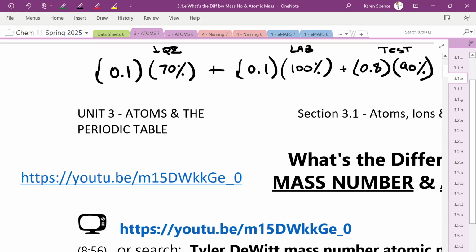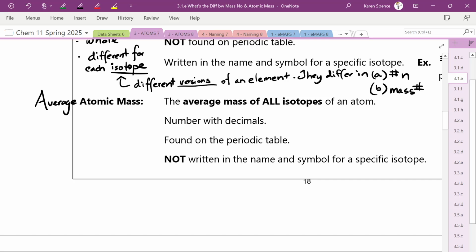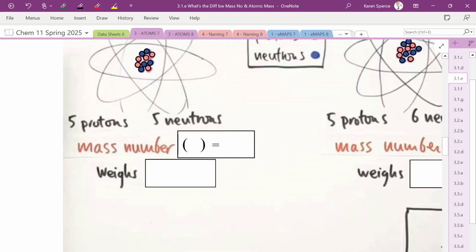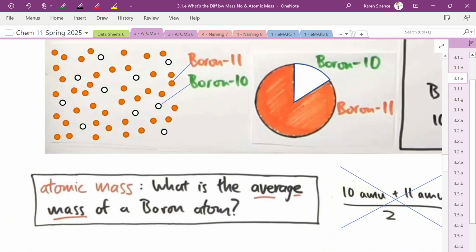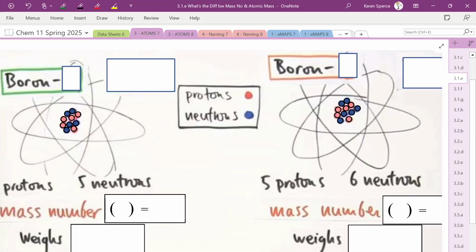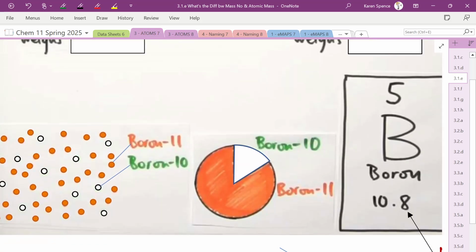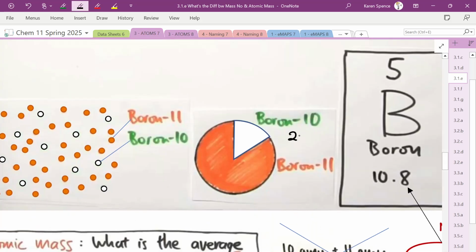So for example, in this one on our next page, on page 19, you can see that boron 10, what did they say the percent was of boron 10? I can't remember. 20%? Boron 10 is 20%, and boron 11 is 80%.